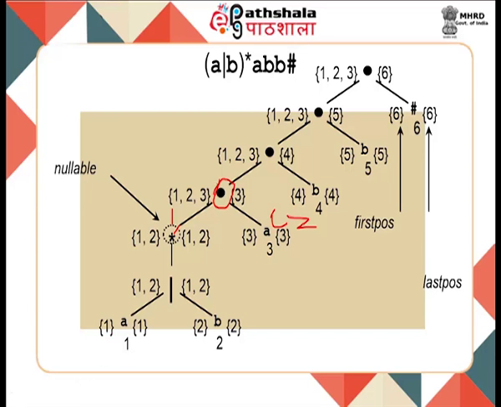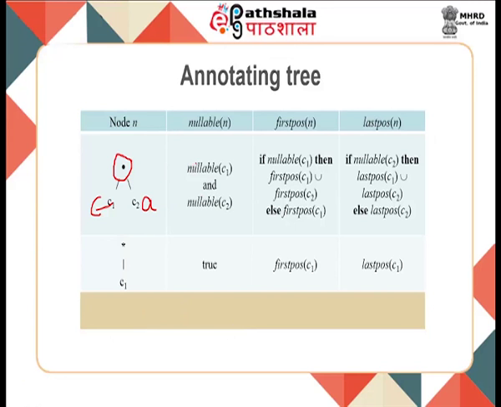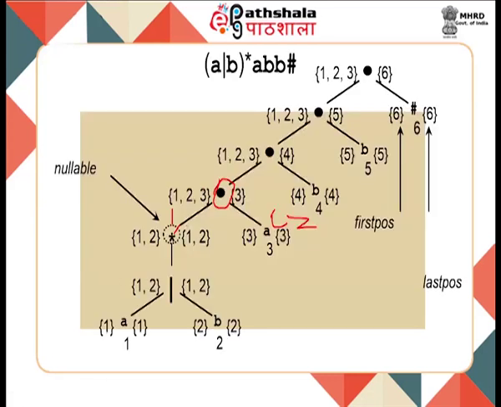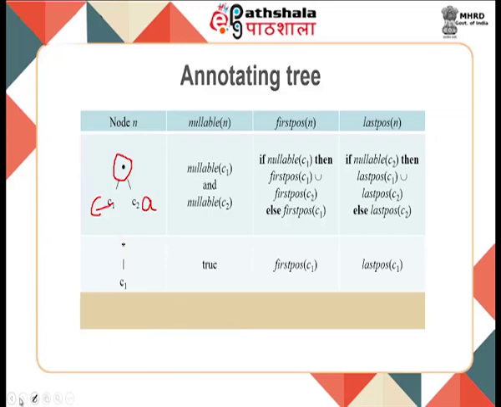Only for computing this node we should look at nullable of C1 or nullable of C2. Okay. So let us look at that rule. If C1 is nullable, then it is first position of C1 union first position of C2. So this is nullable. So first position of this one will be union of the first position of its children. So 1, 2 is the first position here. Here it is 3. So the first position of this particular node is 1, 2, 3. What about last position?